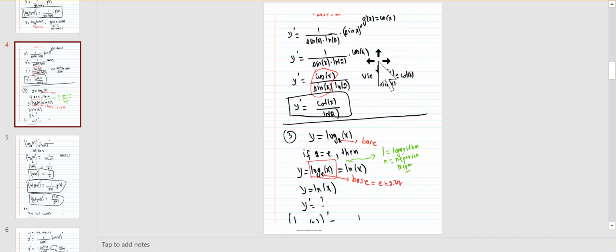Then we want to use trigonometry here. We know cosine of x divided by sine of x is cotangent of x. So we get cosine of x over sine of x times ln of 2, which is cotangent of x divided by ln of 2. So that is the answer for that.